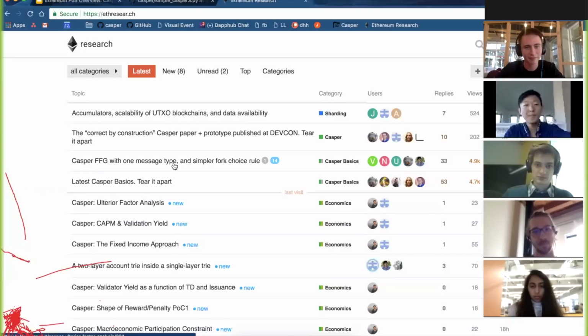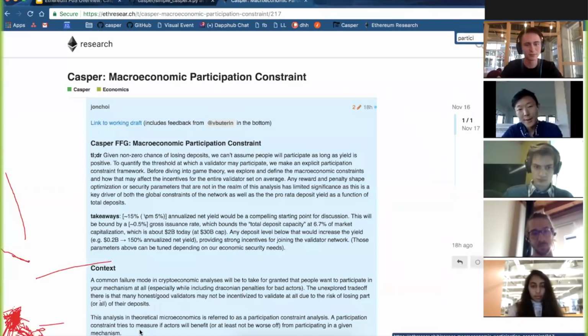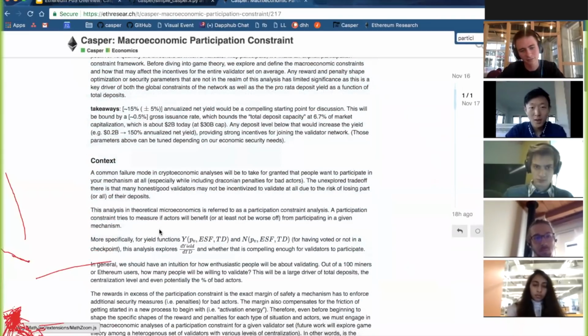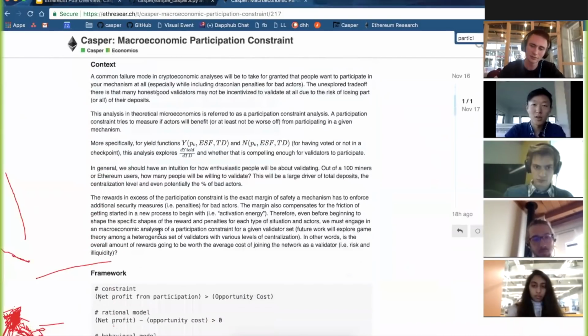Yeah, sure. I posted a bunch of stuff in the chat, so you can look at that. Briefly, on ETH research, I shared most of my recent research, starting with the participation constraint. The way we're thinking about it is roughly a fixed income approach, which means we'll have some target for a given amount of risk, defined by the standard deviation of the return profile of a validator.